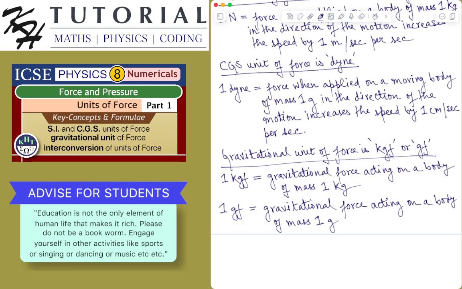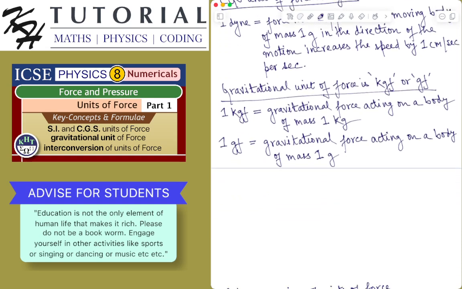In that location, whatever the gravitational force is, that gravitational force acting on that body of 1 gram is 1 gf, 1 gram force. So quite often we define the weight of a body with kgf or gf.